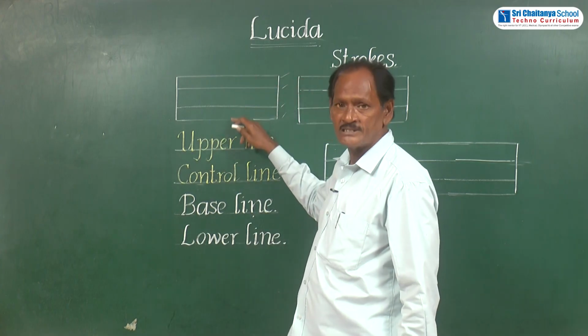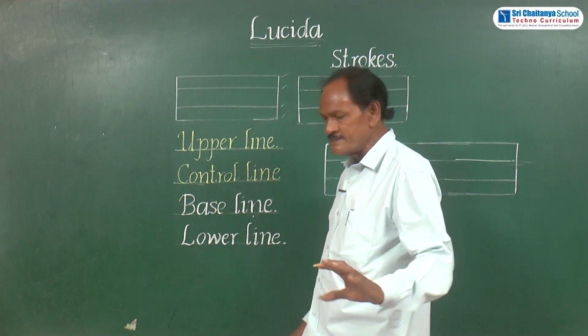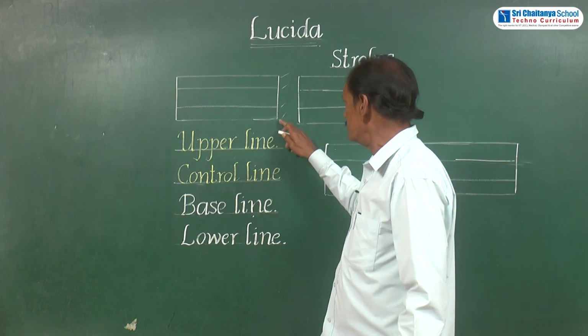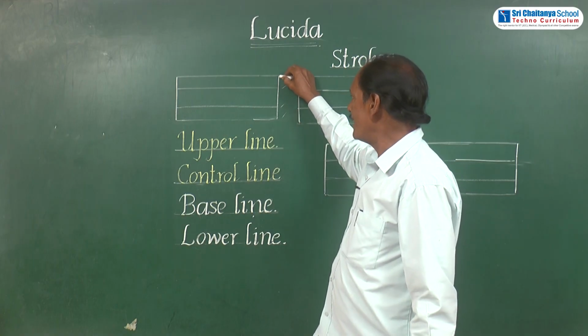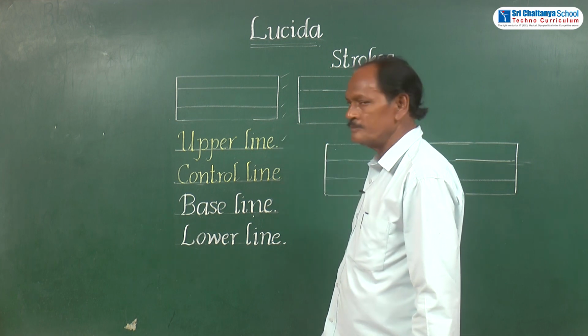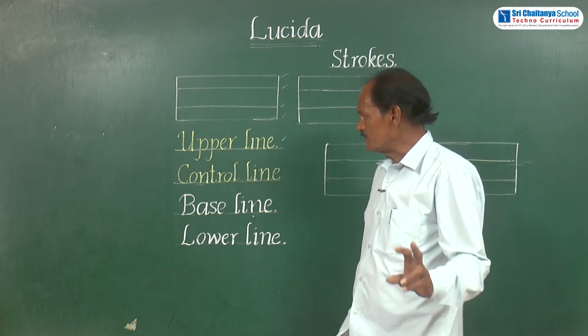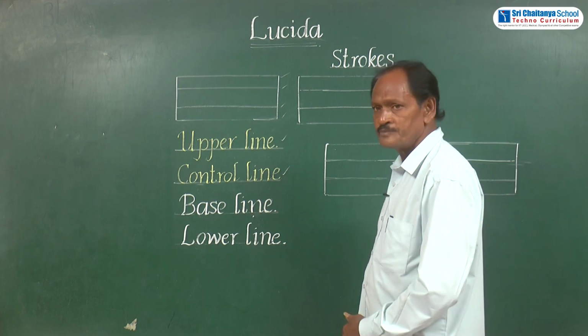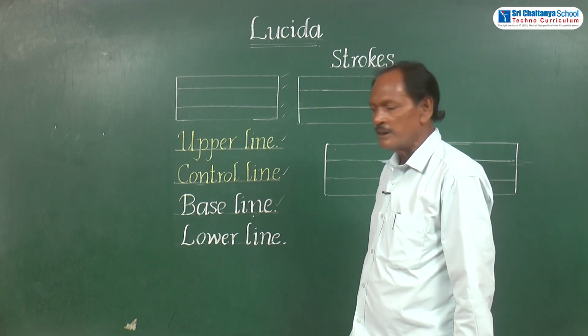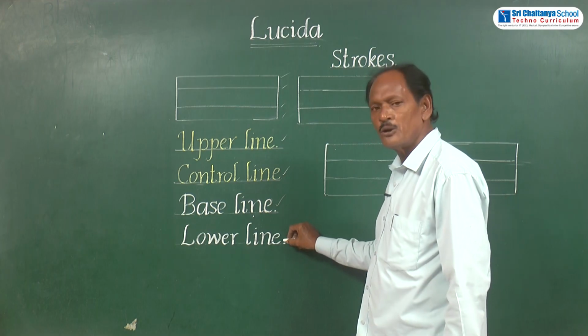Actually, this topic was discussed yesterday, this is just a small revision. These 4 lines have 4 different names. One is the upper line, the second line is the control line, the third line is the base line, and the fourth line is the lower line.